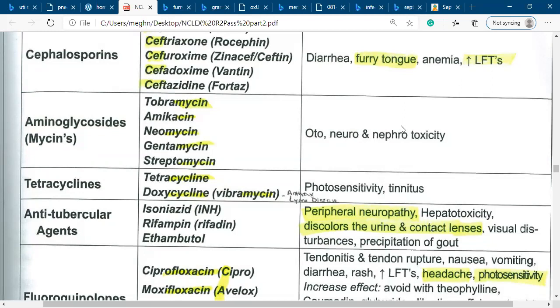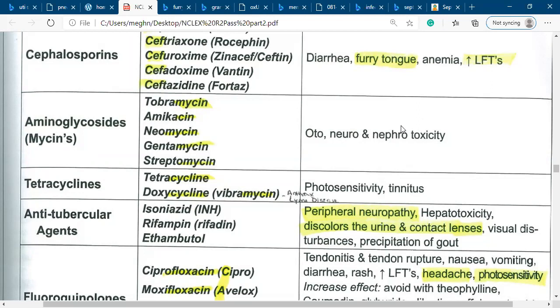Hematuria means blood in urine, right? Also, administer intramuscular or intravenous, monitoring the peak and trough blood level, right?